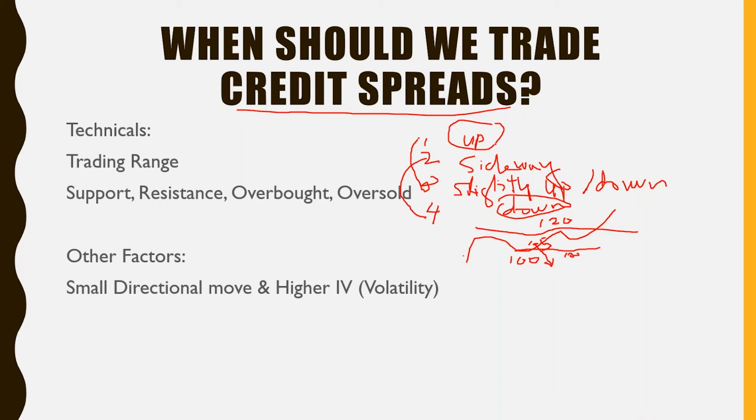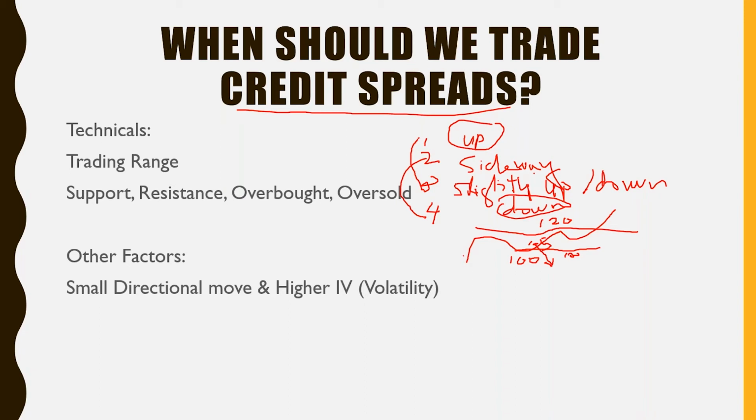Versus buying single options, where you have to bet that the stock goes in one direction, the direction that you buy, either put or call, and it has to get into the money for you to be profitable. Unless we do a day trade, that's different, when you're talking about the general idea.